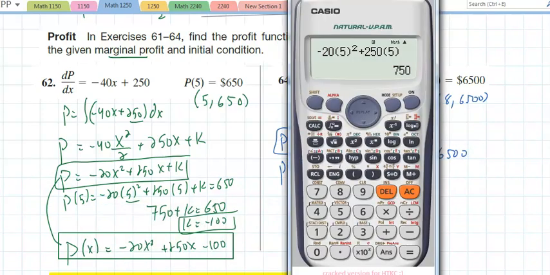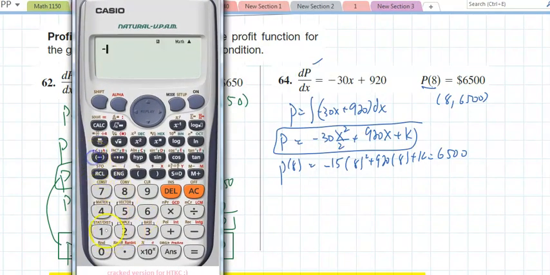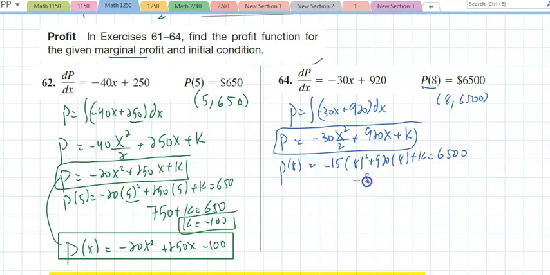Again, I'll use my calculator, and in this case, I'll be taking negative 15 times 8 squared plus 920 times 8. That would be negative 8,320 plus k equals 6,500.